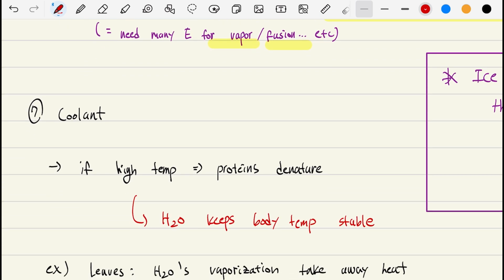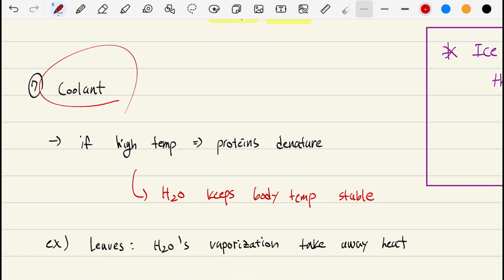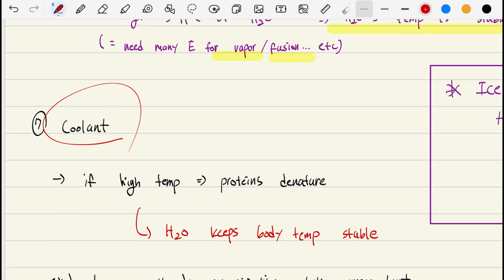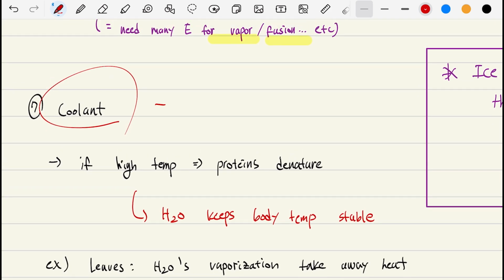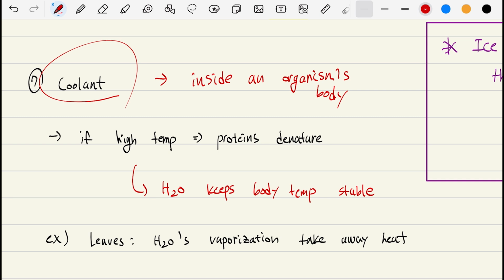The last characteristic of water would be the coolant. It's the same as the thermal part, but this usually talks about when water is inside an organism's body. When the temperature is really high, the proteins start to denature inside the organism, which can basically cause disease or malfunction in the organism's body.